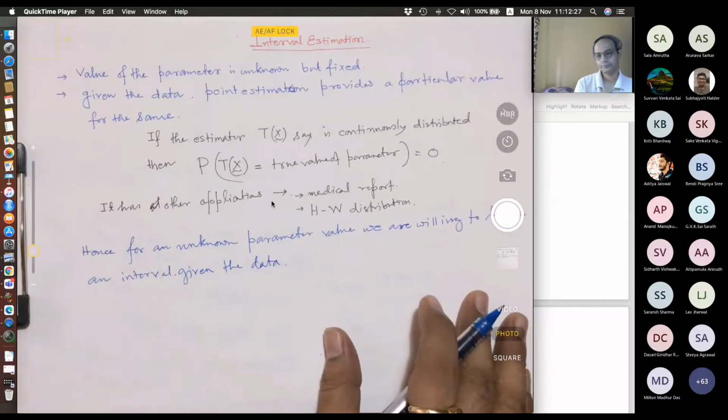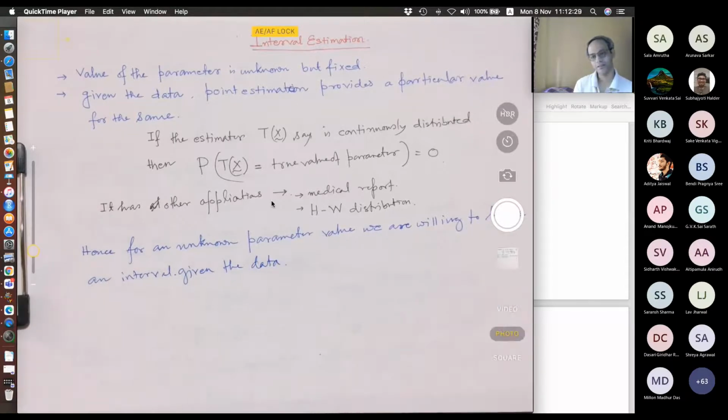Now, I have an interval and there is some unknown parameter. That parameter may be within that interval or out of that interval. So the probability can be either 0 or 1.